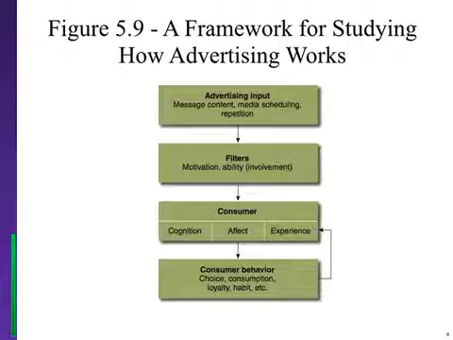Another framework, there are lots of frameworks in this reading. So another one helps us understand at a high level how advertising works. In a nutshell, once the advertising communication happens and it's filtered through different factors like the level of motivation and involvement of the person that you're targeting, we still have that golden 3-pronged section there under consumer that has cognition, affect, and experience.